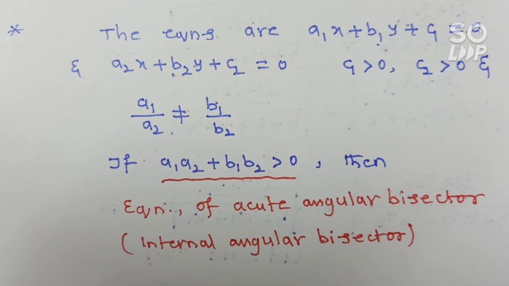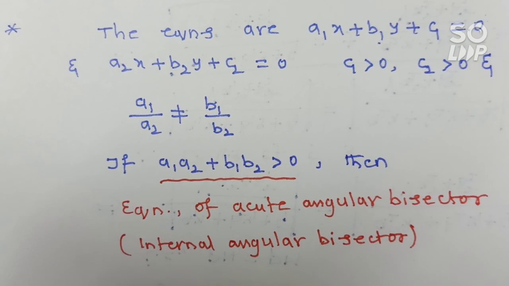So what is the equation of the acute or internal angular bisector?